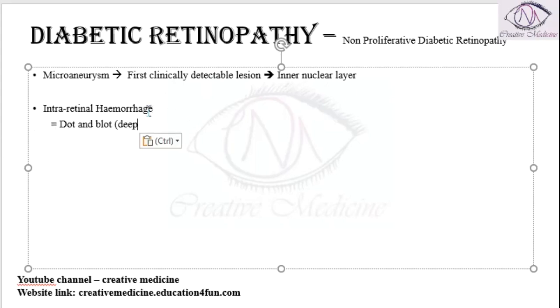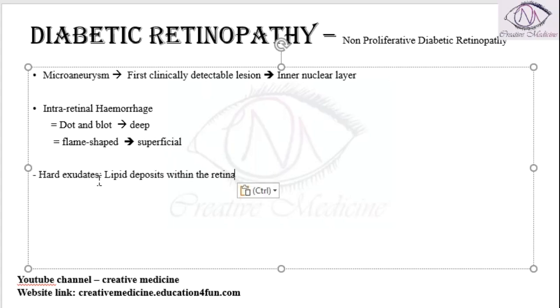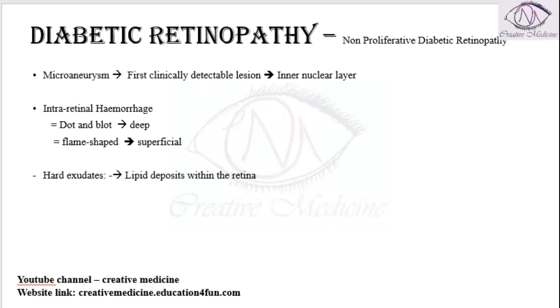One is deep hemorrhages, called dot blot hemorrhages, or there can be superficial hemorrhages, called flame shaped hemorrhages. So we have dot blot or deep hemorrhages, or superficial flame shaped hemorrhages, and hard exudates can occur.